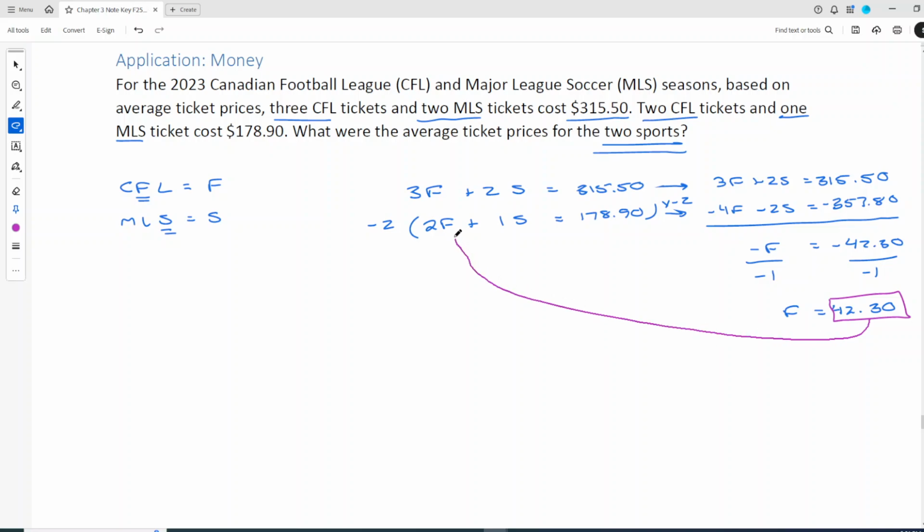Now I need to plug in that f equals 42.30 into one of the equations to solve for s. So I'm going to choose to plug it into this one because it looks easier. You could plug it into both to be sure, but we end up with 2 times 42.30 plus 1s, or just plus s, is equal to 178.90. So then I'm going to take that 42.30 and multiply it by 2, which is going to give me 84.60.